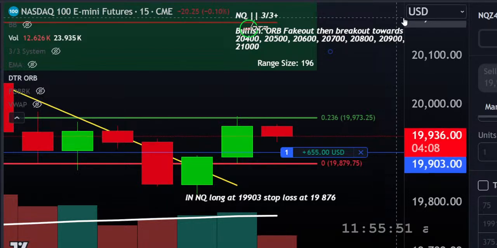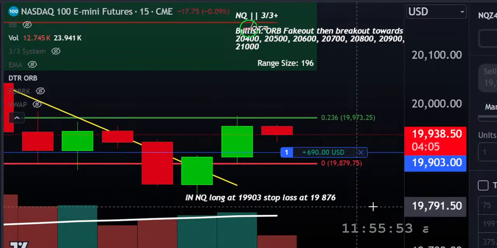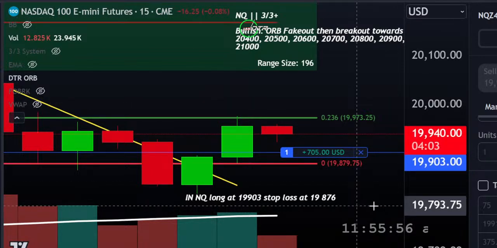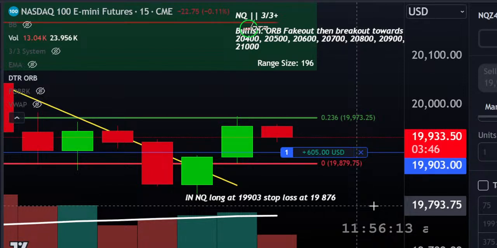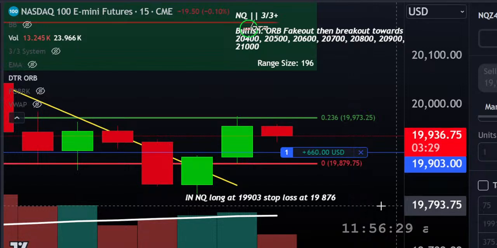I don't want to see this thing pull back very much. Come on, you stubborn brick.